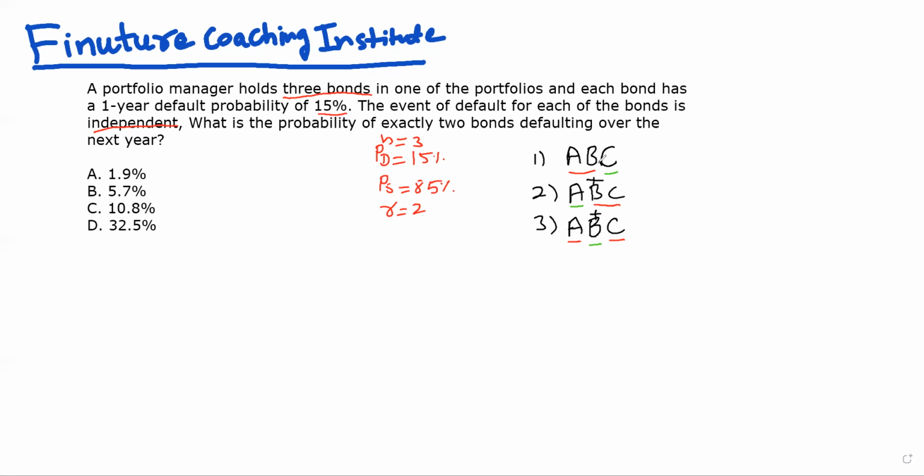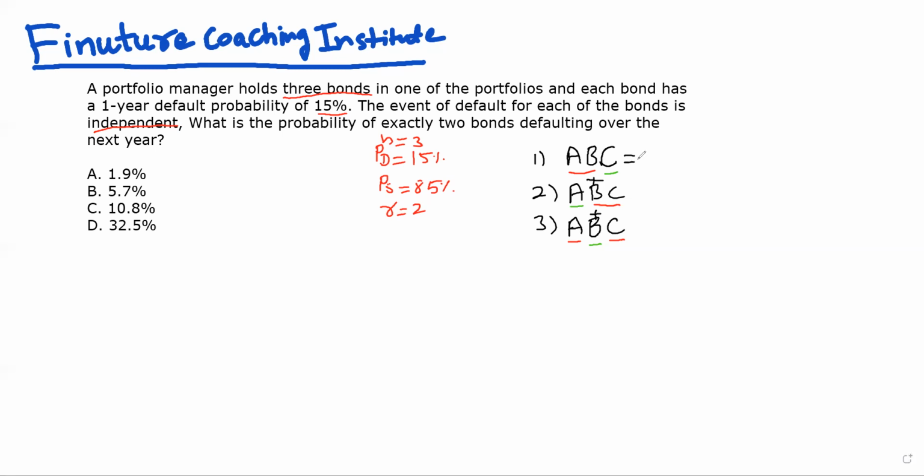Over here, it's a joint probability that these 2 default, and when I say 'and', there is a multiplication. Remember these 2 key terms so that it will be very easy for you to know when to multiply and when to add.